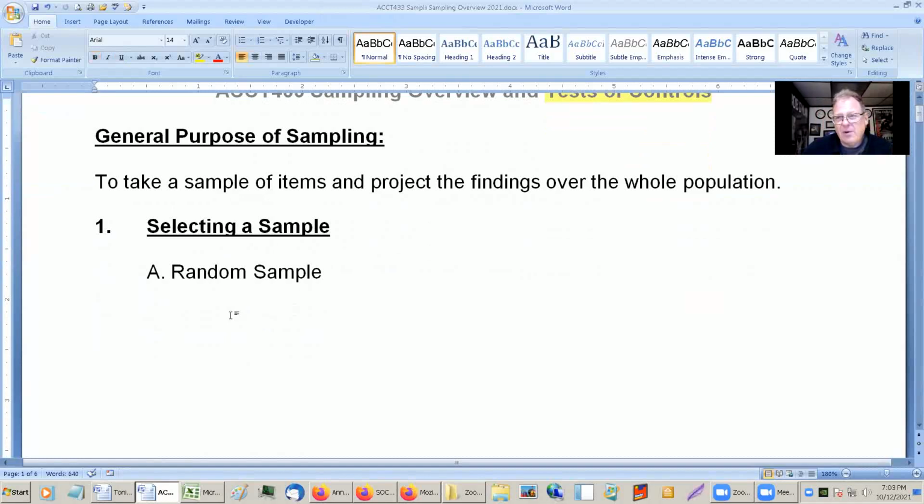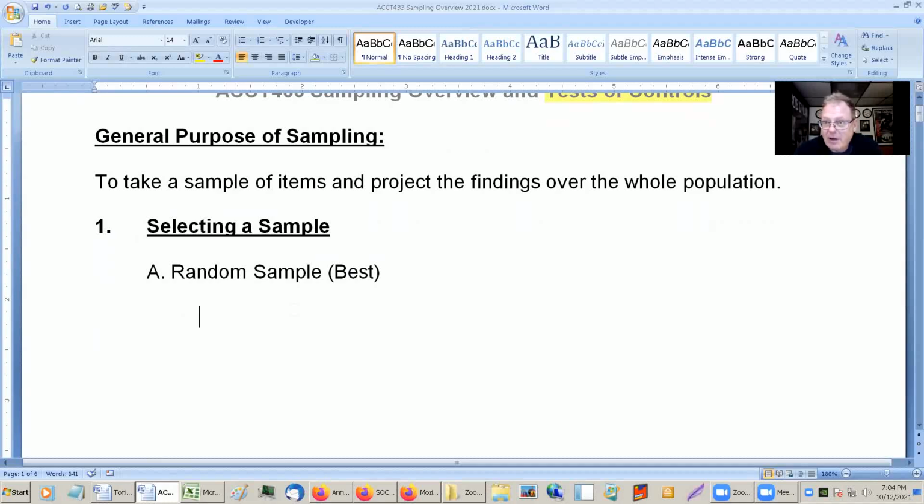Okay. In sampling, we like to pick a random sample. Why? A random sample is usually the best, but why? In your stats class, they'll always talk about a random sample.